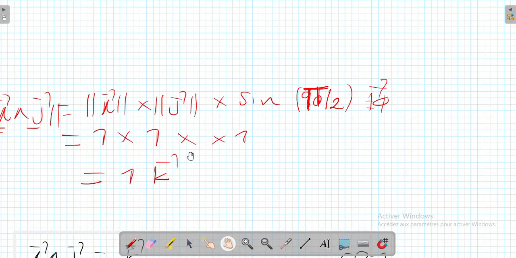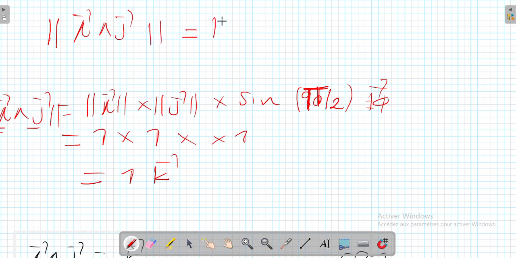When you're carrying out the vector product, the definition says the module of this vector is defined by the module of E, that is the magnitude of E, multiplied by the magnitude of G, then the sine of the angle between them. What is the angle between E and G?